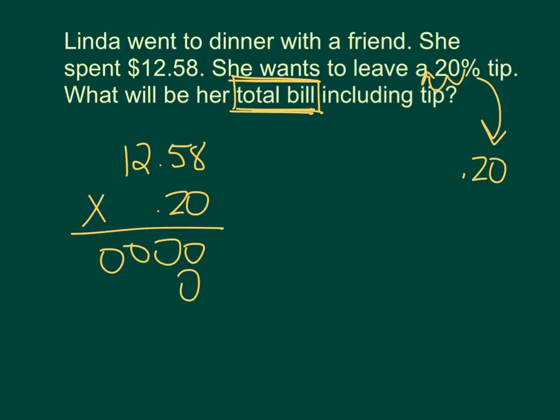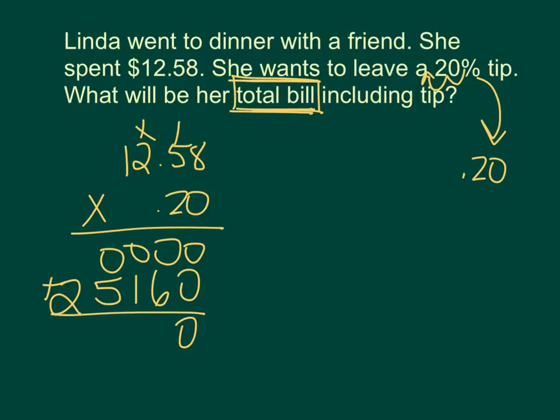When we go to multiply, 0 across the board. We add our 0 to our second row. 2 times 8 is 16. Carry the 1. 2 times 5 is 10. Plus 1 is 11. 2 times 2 is 4. Plus 1 is 5. 2 times 1 is 2. Add them together.